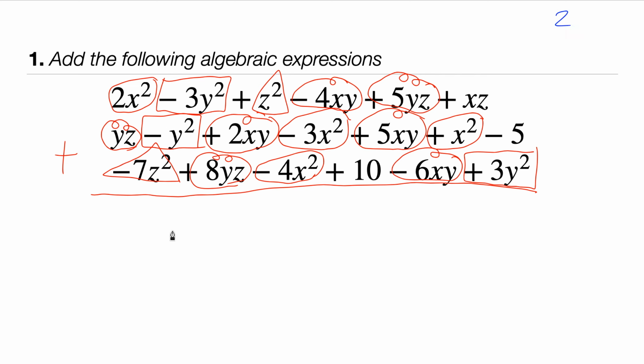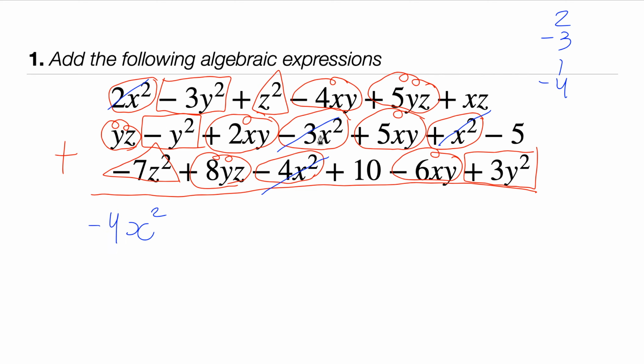Since they're all x squared, we can copy the x squared and just combine the new coefficients. 2, -3, plus 1, and -4. 2 minus 3 is -1, -1 plus 1 is 0, so that will leave us -4x squared.